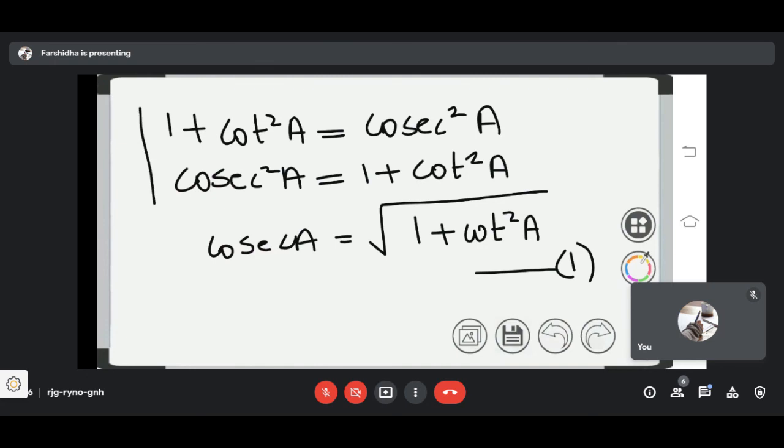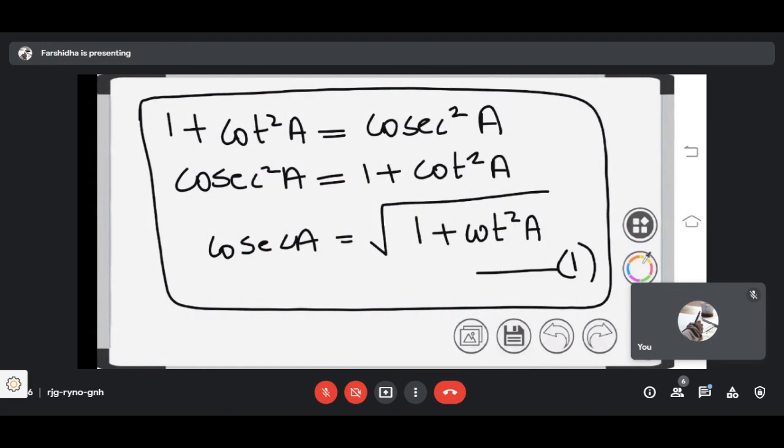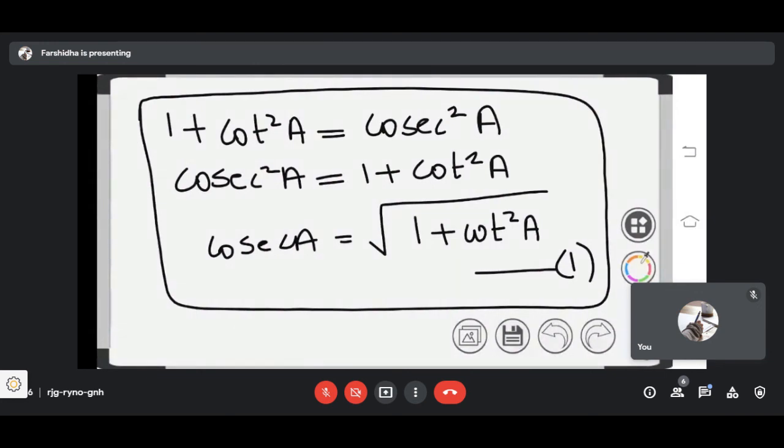First you write this one, then we'll move to the question. This is a part of the answer. We need to represent sin A in terms of cot A. That's why we need equation number 1: cosec A is equal to root of 1 plus cot square A. Write this down.